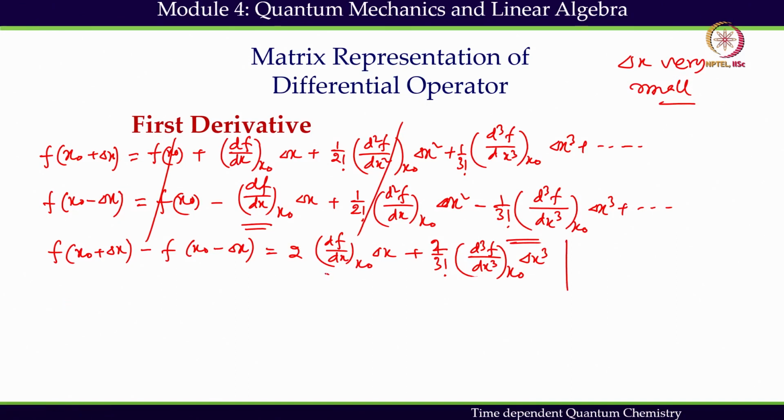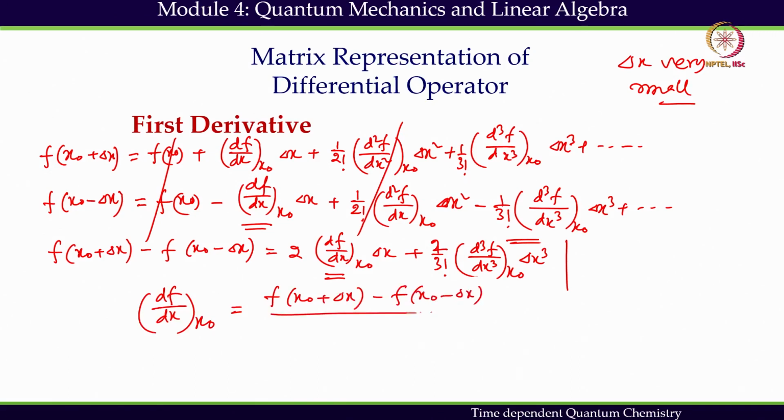So in the end, the first derivative can be represented in the following way: df dx at x naught equals f of x naught plus delta x minus f of x naught minus delta x, divided by 2 delta x, plus an error which is delta x square.